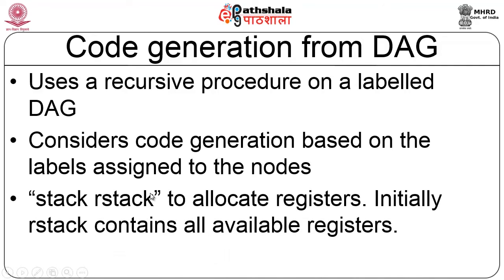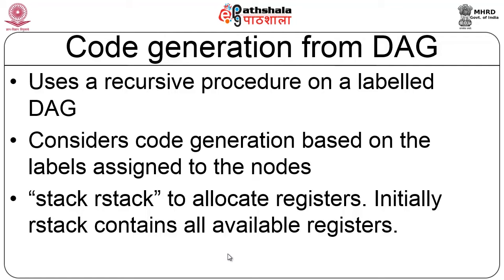Here we are going to use a stack of registers which is called the R stack, and that R stack will have the number of registers required. We already know that the root of the DAG contains how many registers are required to compute that root node, which is essentially the total number of registers required to compute a particular basic block.